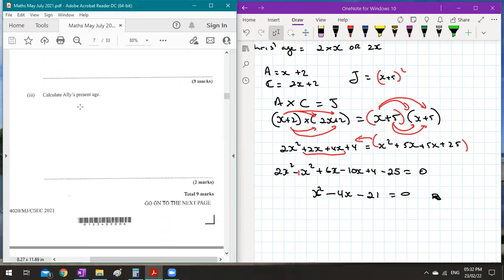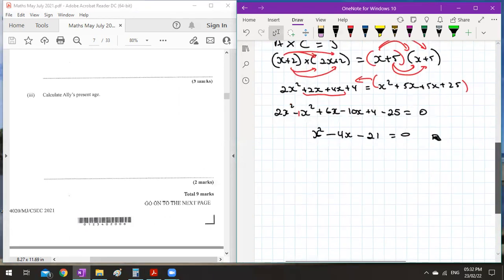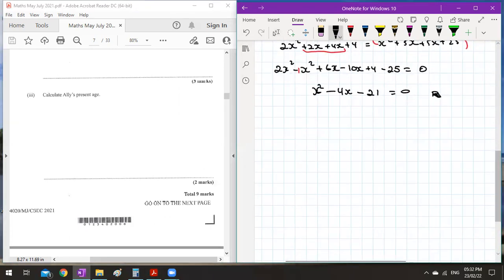Calculate Ali's present age. So how do we go about doing that? In order to do that, we need to solve the equation that we just made. So we have x squared minus 4x minus 21 is equal to 0.